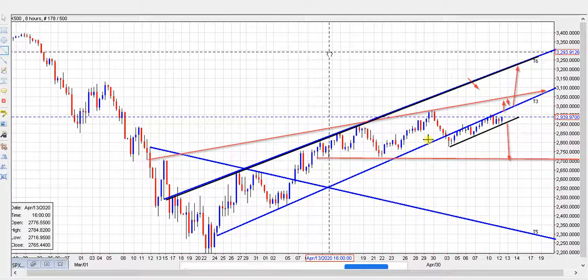Normally when the price breaks down under, which it has broken under here, and tests and fails to go back above, we normally see moves like this, and then more continuation.